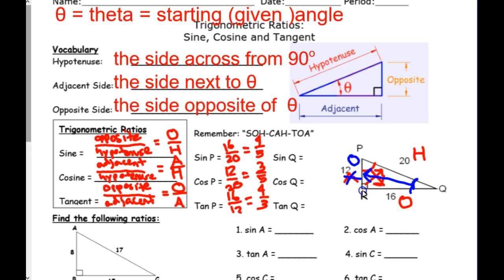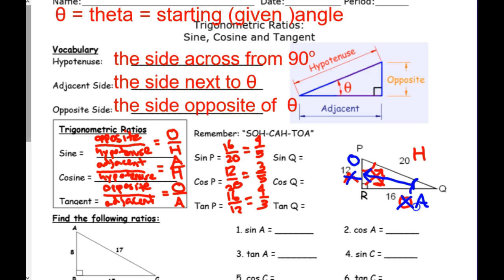But since O changed, what's this down here going to be? O, H, and then A. When you change your theta, the angle that you start at, O and A are going to change. So if you want a little trick, a little rule, when your angles change, O and A switch places when you're doing the trigonometry.